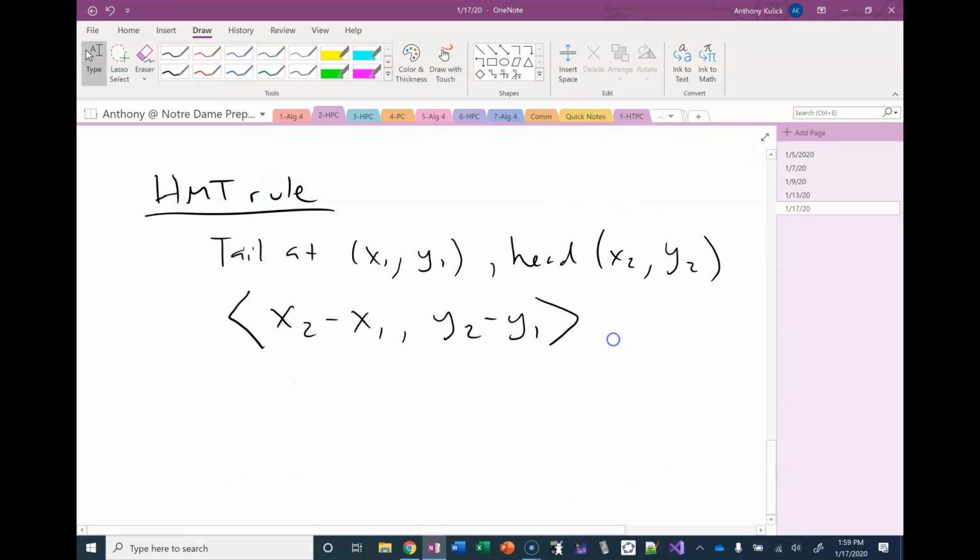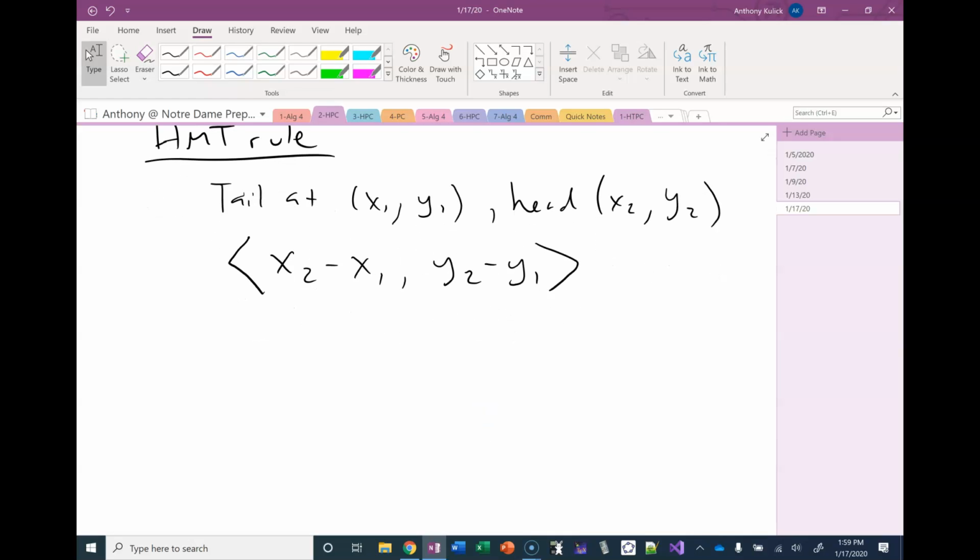Okay. Everybody feel okay doing that? That's just what we did before, right? When I did the example just now, we formalized it into a formula. Okay? How do I tell if two vectors are equal?